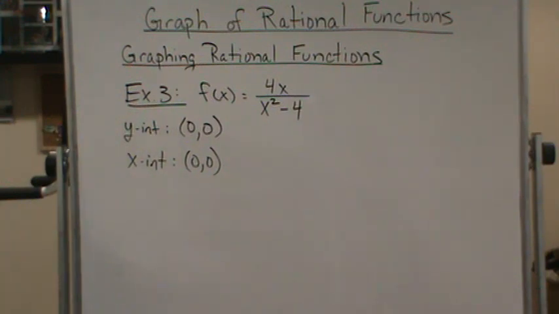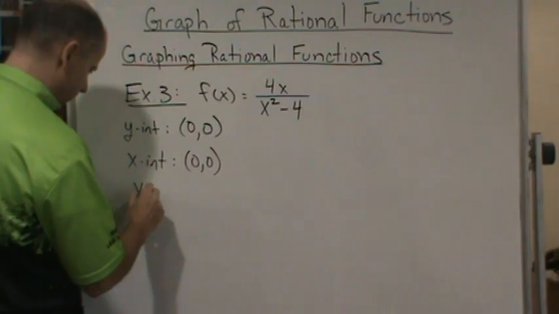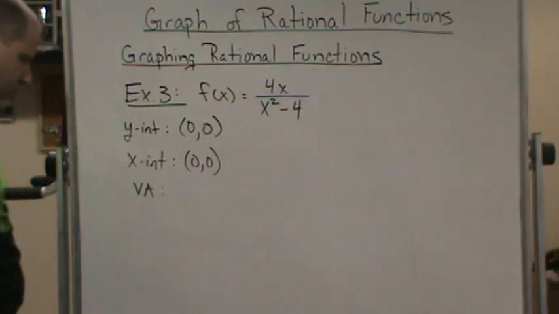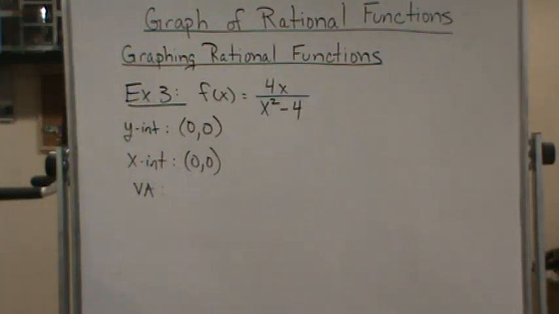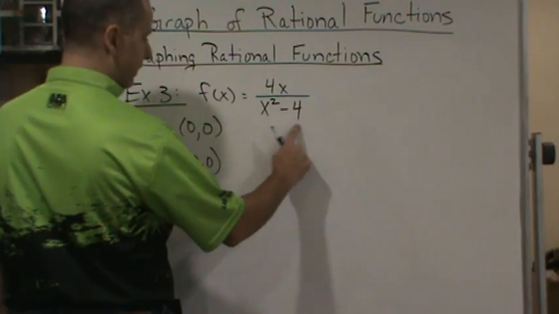Next are the asymptotes. Let's start with vertical asymptotes. What do we focus on for vertical asymptotes? We look at the restricted values of the domain. In this case, we're looking at the denominator.